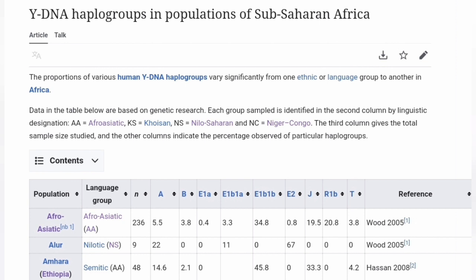As you can see, the graph says Y-DNA haplogroup in populations of sub-Saharan Africa, and the references refer to genetic tests that were done inside smaller groups that are then glued into this graph. So we shall start with R1b because that's the genetics that is depicted in the first one.